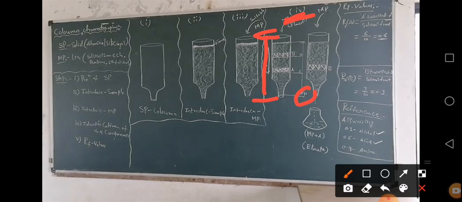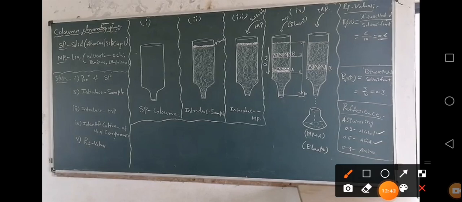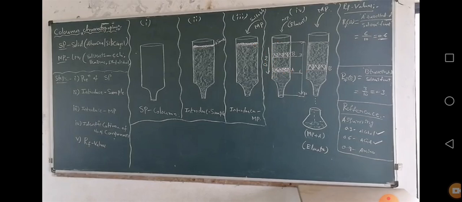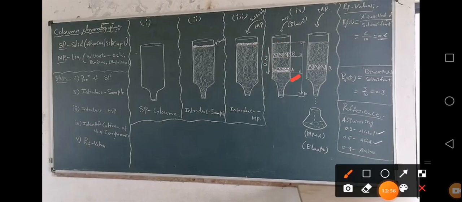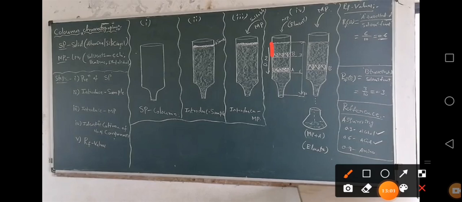Similarly, from this area to here, the distance traveled by A, I assumed as 6. And similarly, the distance traveled by B is assumed as 3, the distance traveled by A is assumed as 6, and the distance traveled from top to bottom is assumed as 10.